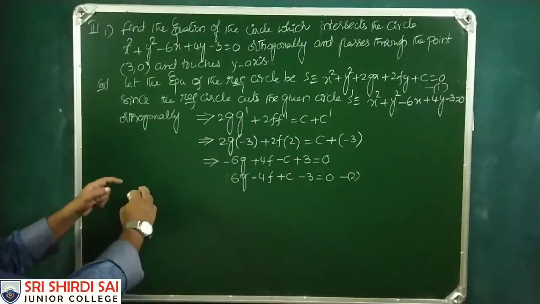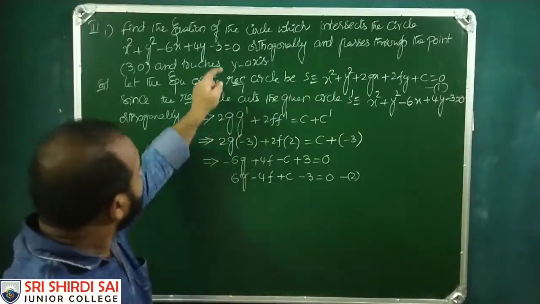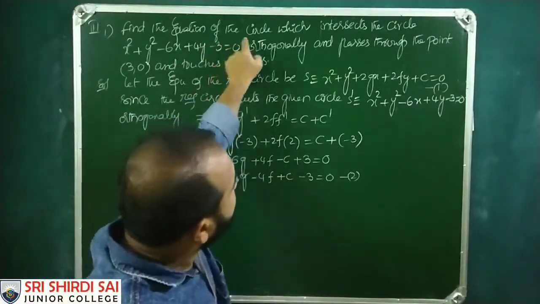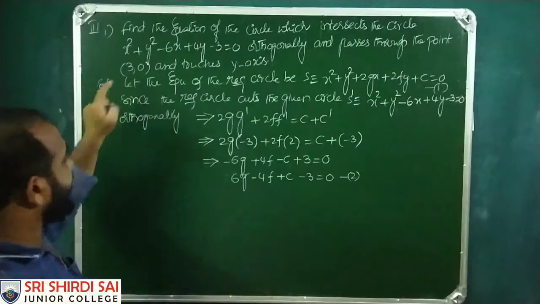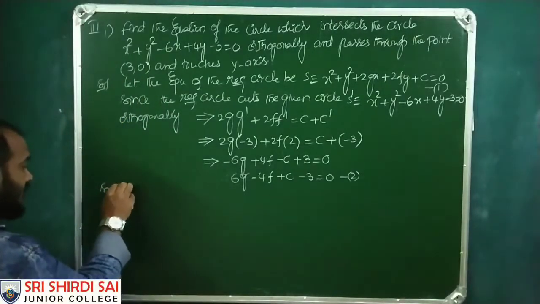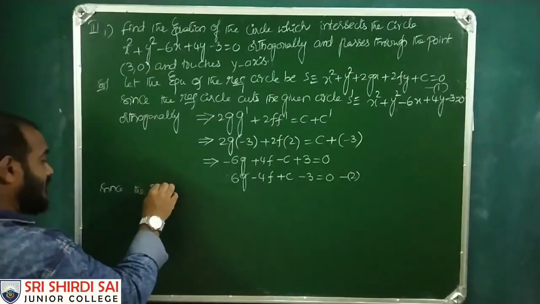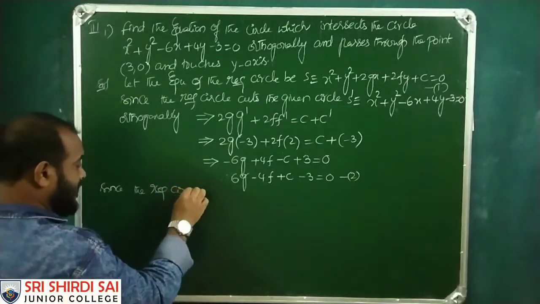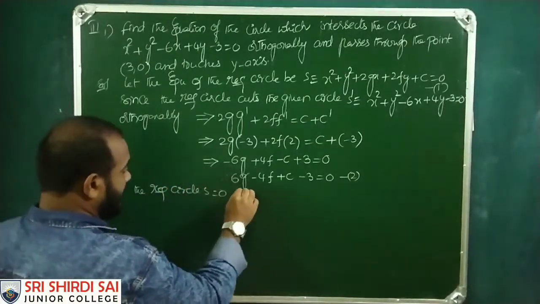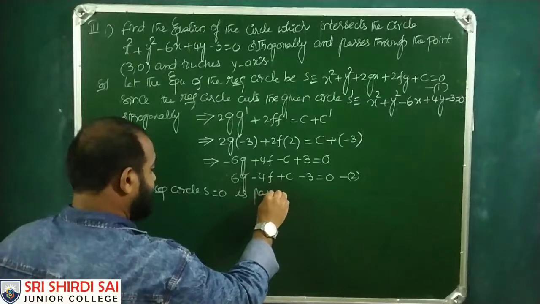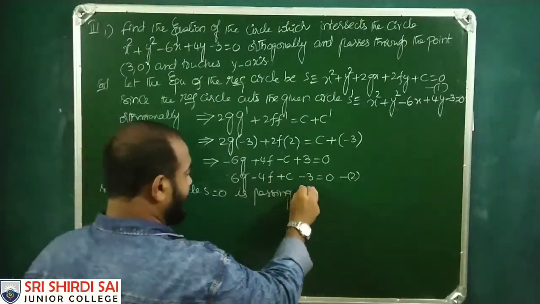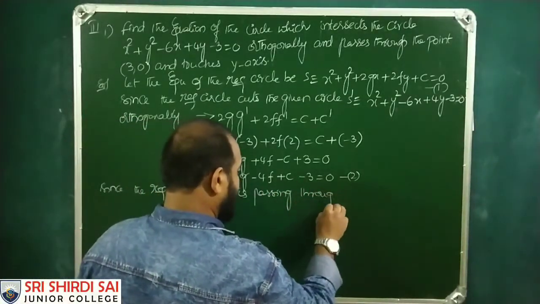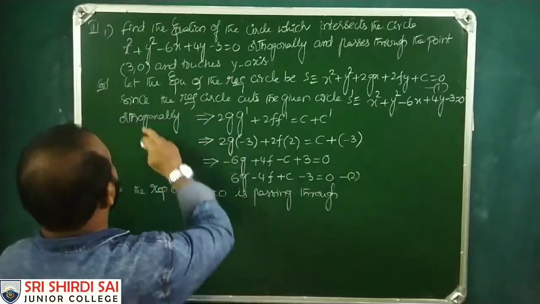If we move a little further, the required circle passes through the point (3, 0).